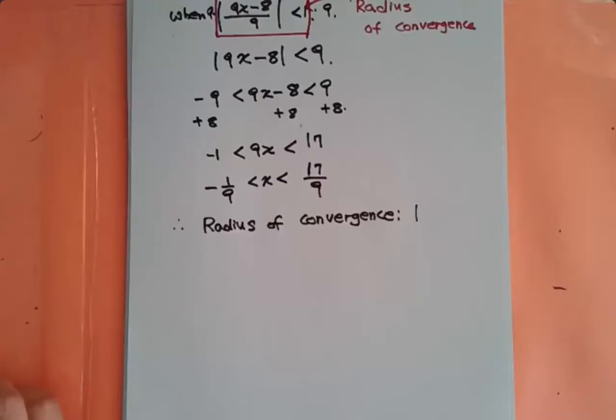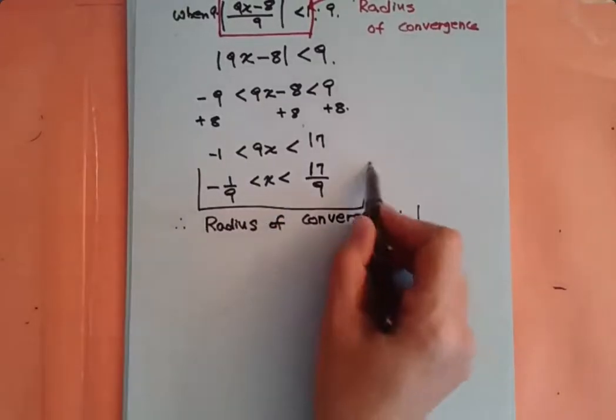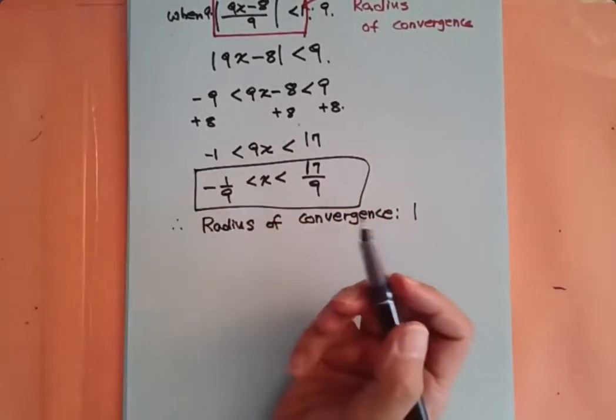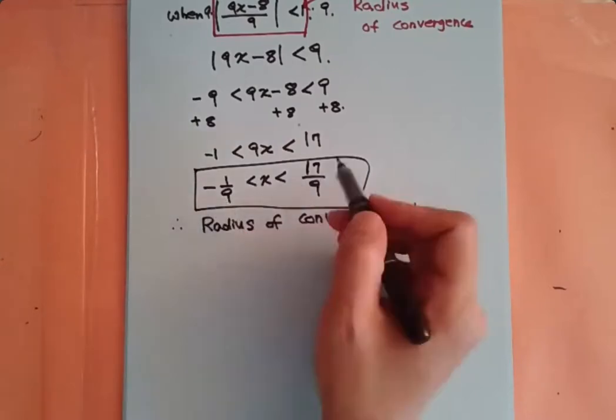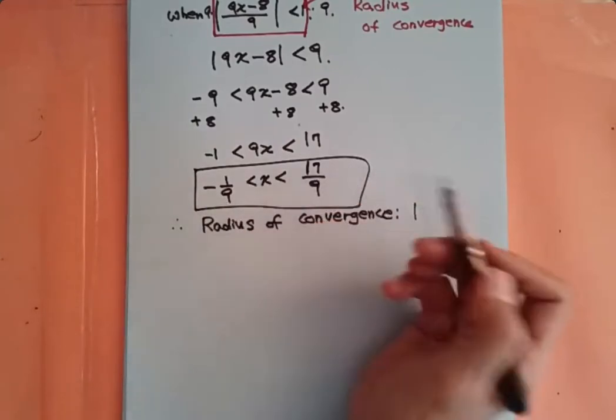And we got this interval. To get the interval of convergence, we have to check at x equals -1/9 and x equals 17/9.